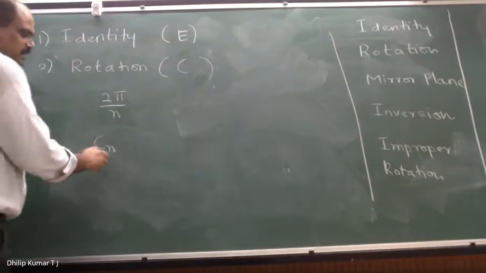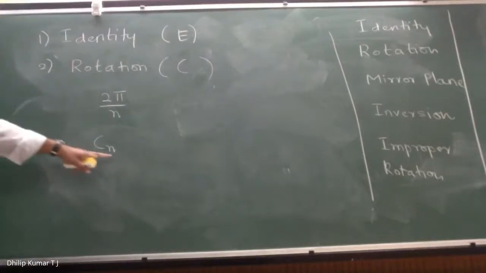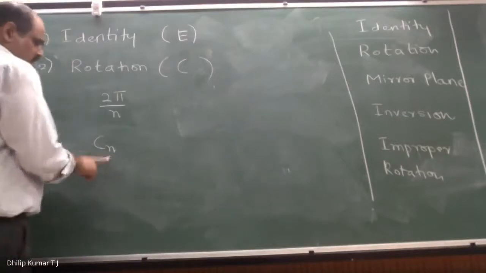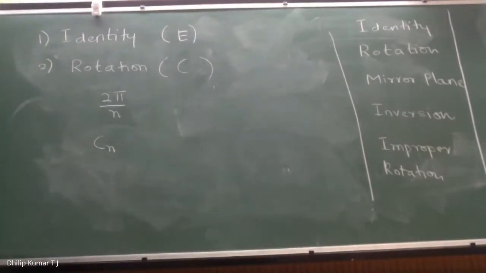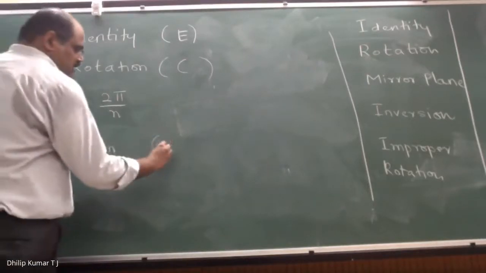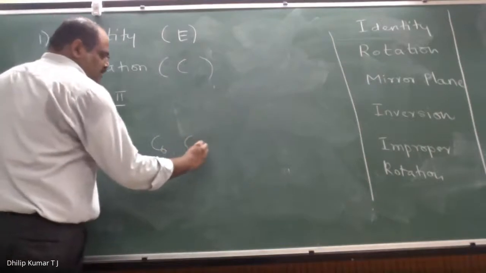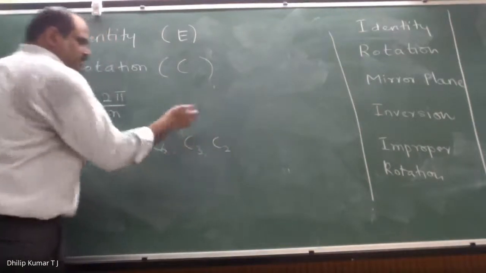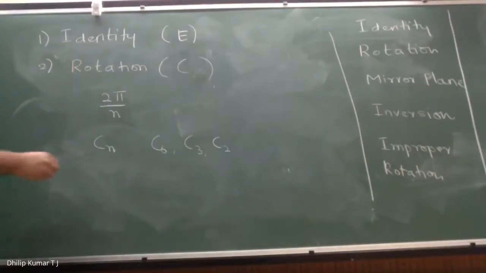Okay, so this n is given as a subscript. This is one way. Cn. So most of the time we mention C6 or C3 or C2, like that it's mentioned. Okay, so like that one can write.